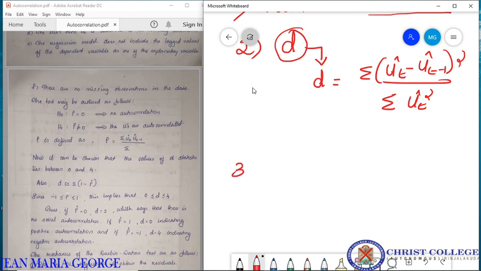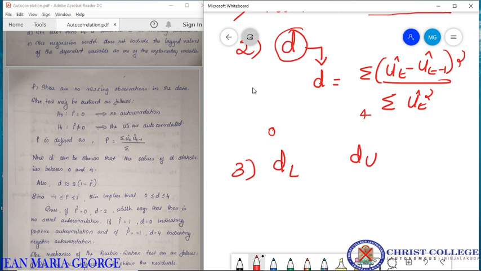Now the third step. We are given the sample size and the number of explanatory variables. Find out the lower and upper limits of D. We know that it is maximum 4 and minimum 0.